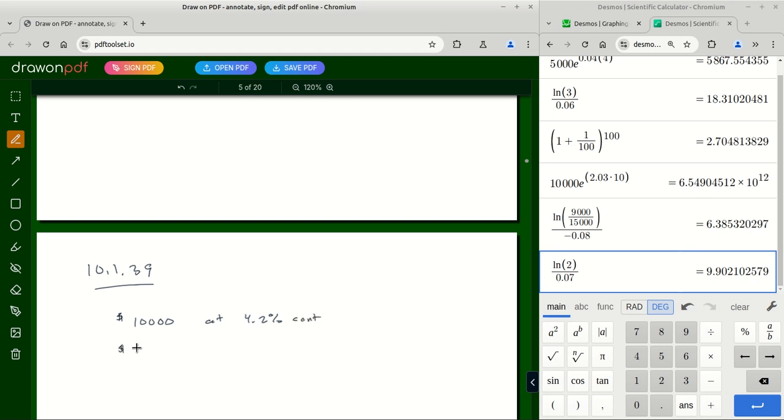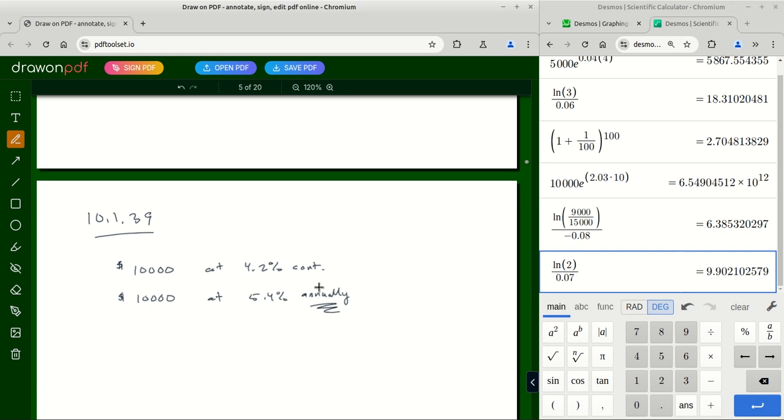And I got this one wrong at some point, and I'll tell you why here early so that you don't make the same mistake. See, this is 4.2% continuously, and it's 5.4% annually. Okay? There you go. Not continuously. And that little change kind of changed the whole problem here.